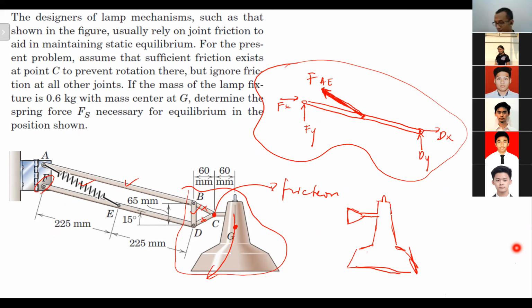Then I will continue here. At G here, there will be a force, 0.6 kilogram multiplied by g, so around 6 Newton. What else do I have there? At point D here, it will be action and reaction with this one. So there's supposed to be Dx to the left, and Dy going down.